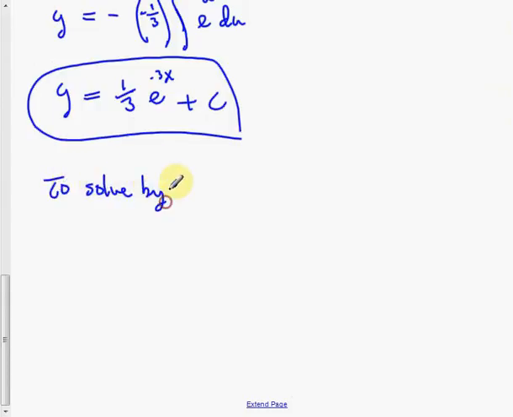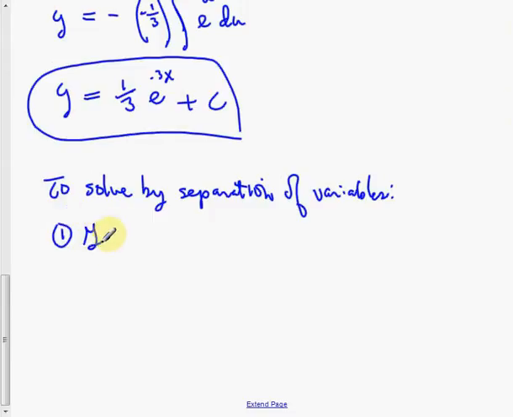To solve by separation of variables, the first thing you want to do, if possible, is to get the like terms together, associating x with dx and y with dy.